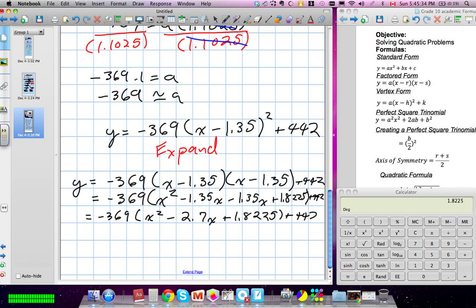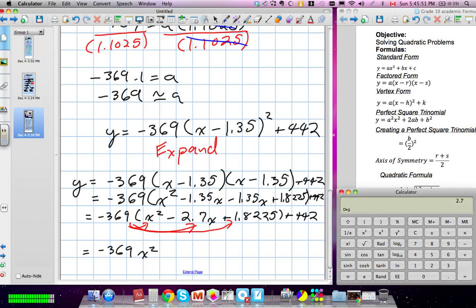And our next step to standard form is distributing. A lot of steps in this question. So negative 369x squared. Now we had 2.7 negative times 369, which was a negative.